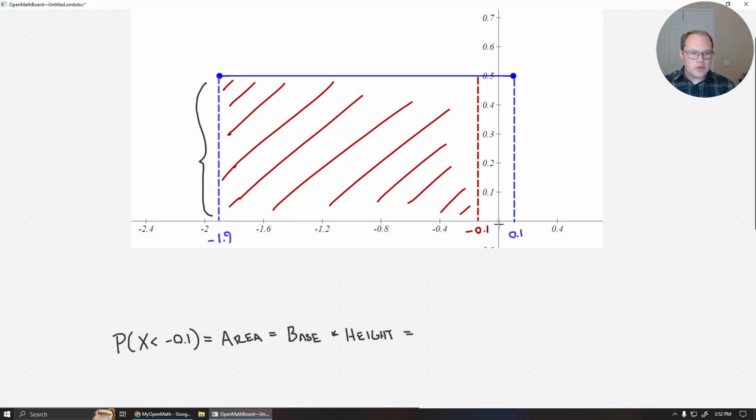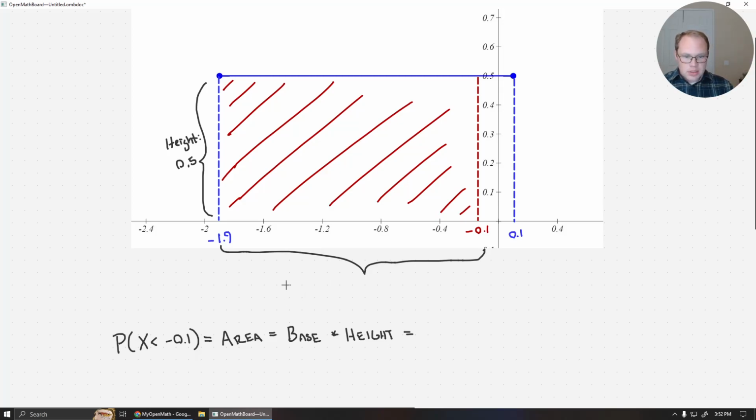This function goes from y equals 0, which would just be on the ground here on the x-axis, and it goes up to 0.5. So it's going up 0.5 units. That's its height. The base of the shaded region is the range from negative 1.9 to negative 0.1. We want the distance there.